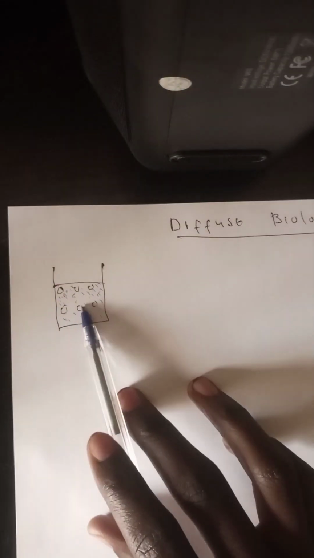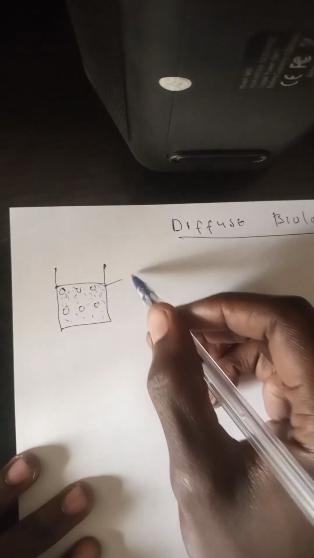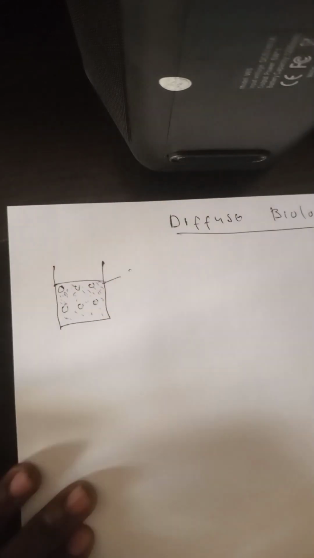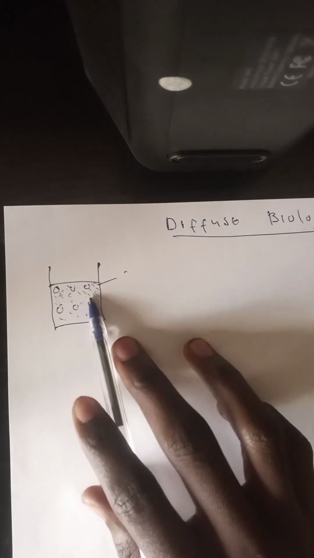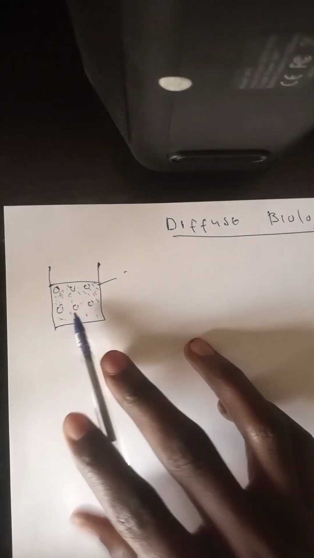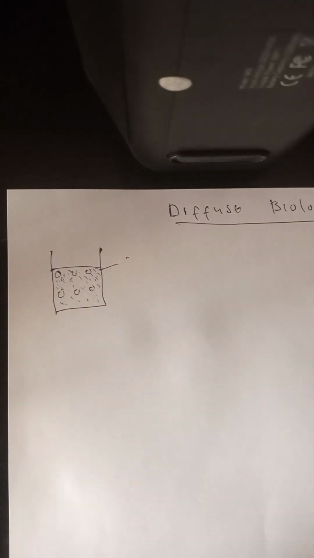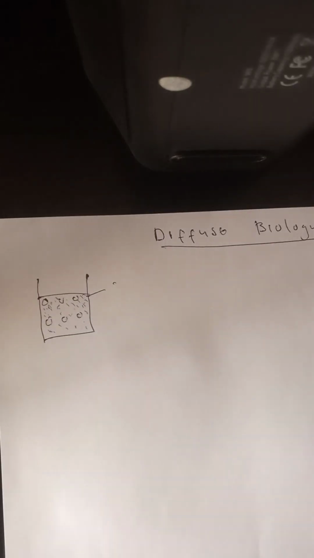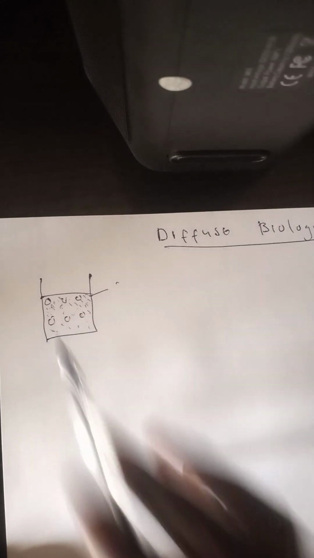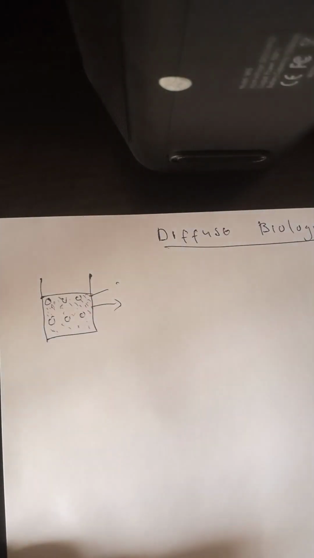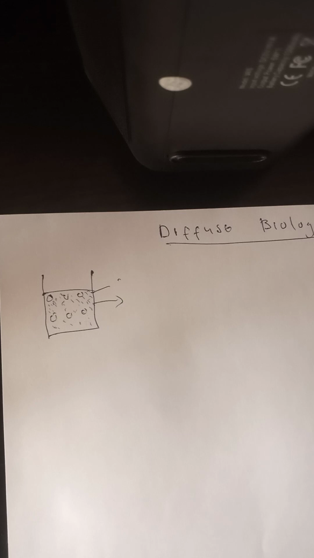So this sugar solution has a concentration gradient, where there are particles that are more concentrated and particles that are less concentrated. At times these particles move from this area to a different area. Now let me show another diagram that shows diffusion.